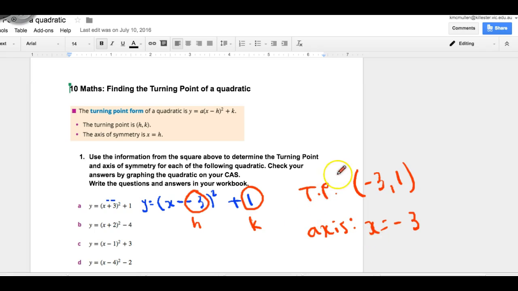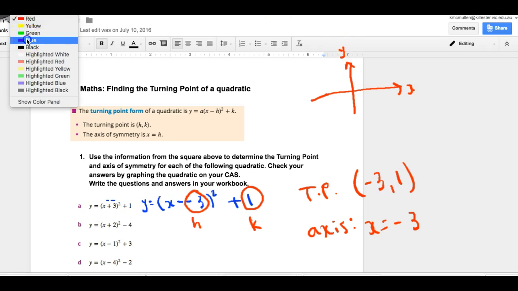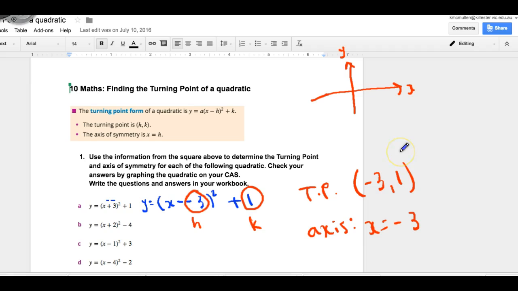Now, if you can roughly sketch it, just to get an idea, let's draw our axes. So we've got x, y. Let's change the color. Okay, so let's find negative 3. So x equals negative 3 is here, and y equals 1 is here.